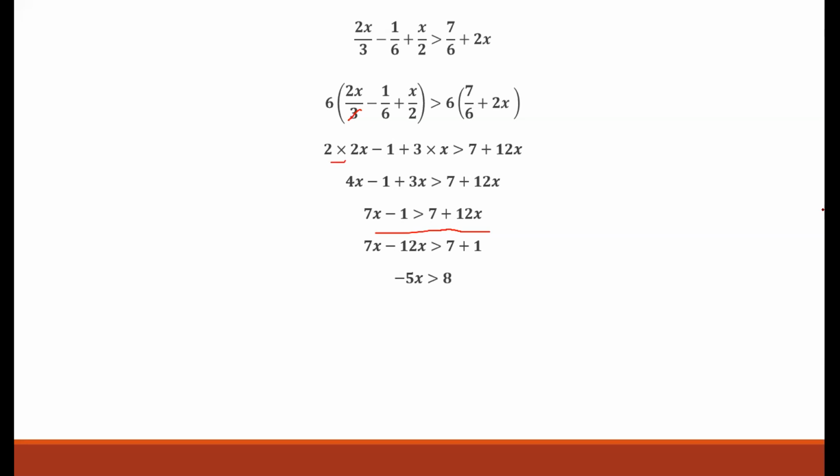I can't hear. Someone should tell me. -5, correct. So what will happen to the sign? Will it change or remain? Yes, the sign is going to change, and we shall have our x less than -8 over 5.